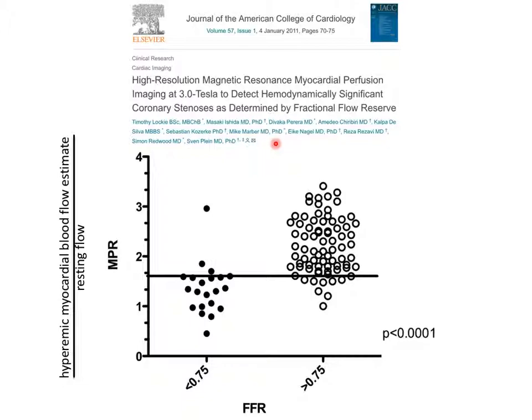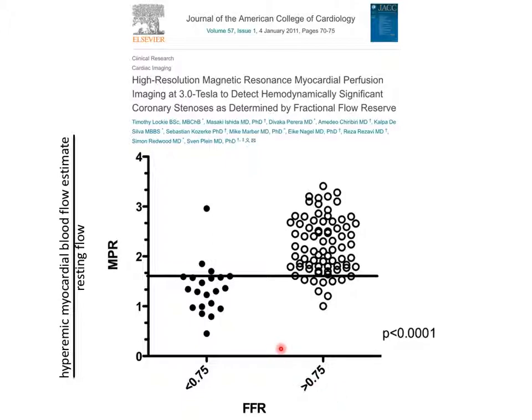So that is now the gold standard for determining if you have a significant lesion on your hand, not just the geometry of the lesion. Because the geometry of the lesion can vary a lot, and you can have a really tight lesion where you don't see a positive FFR, and you can have a 50% lesion where you do.